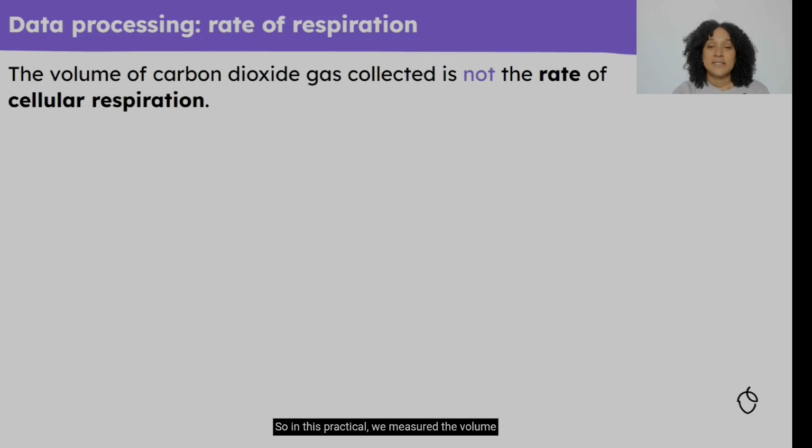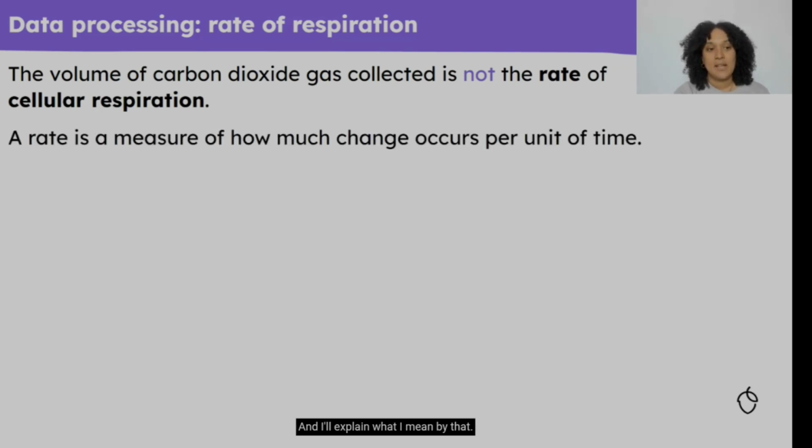So in this practical, we measured the volume of carbon dioxide gas produced by the yeast in order to help us to understand the rate of respiration. But the volume of carbon dioxide gas collected is not the rate of cellular respiration, and I'll explain what I mean by that. A rate is a measure of how much change occurs per unit of time.